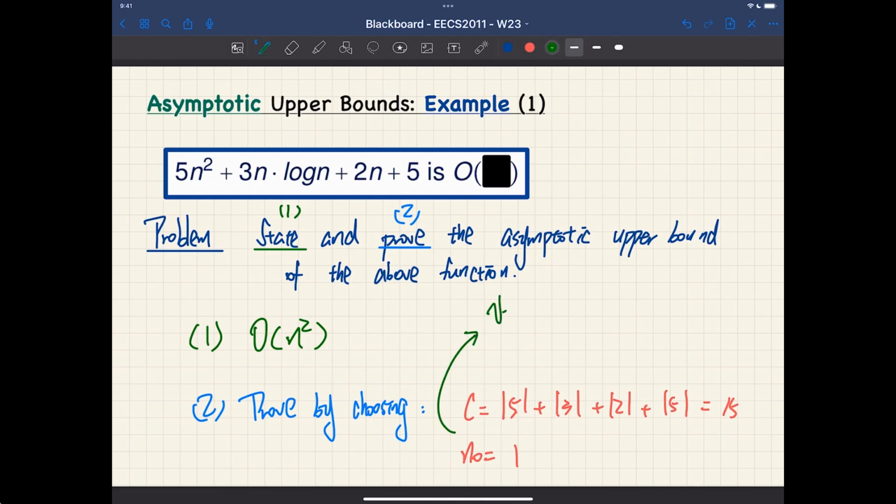Verify. Basically, you want to show f of 1 is less than or equal to 15 times n squared. Okay, how about this?